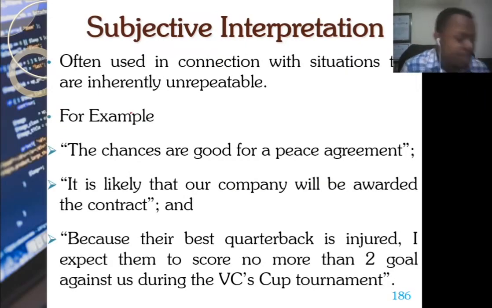And this interpretation is referred to as the subjective form of interpretation. Now, this interpretation is often used in connection to situations that are inherently unrepeatable. Because, as I said from the beginning, we are going to generalize the meaning of an experiment in this course.